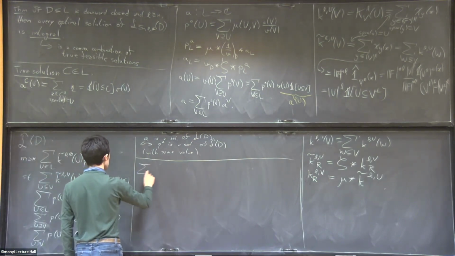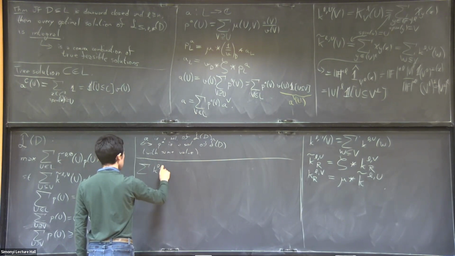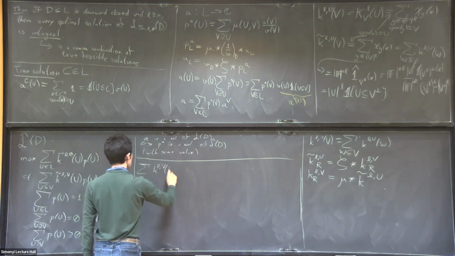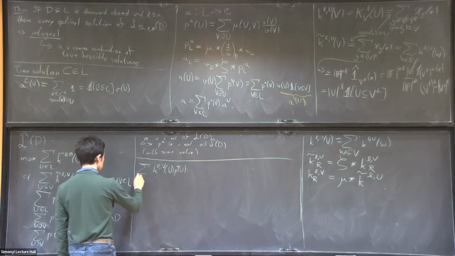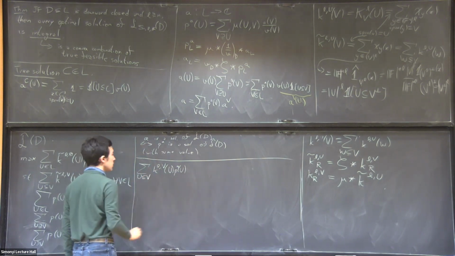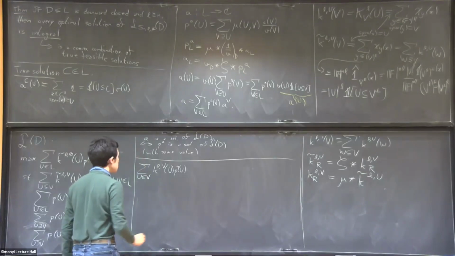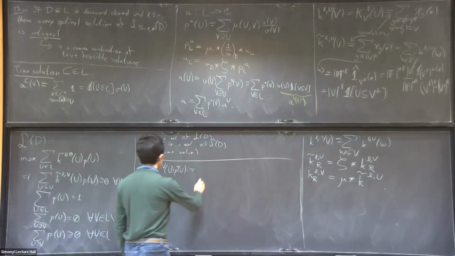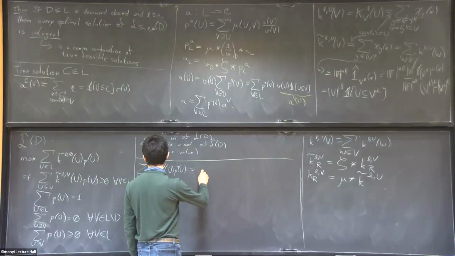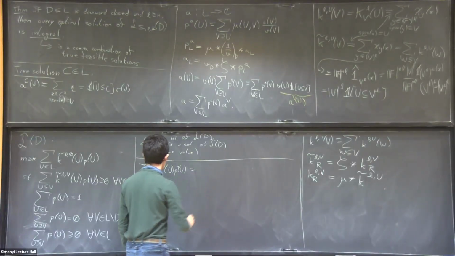You take the sum L, U, P, U. So let's think PAU. So one way you can write this is you can write it like this. You took V as solution, right?